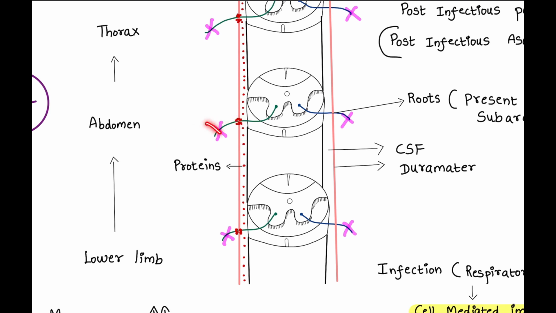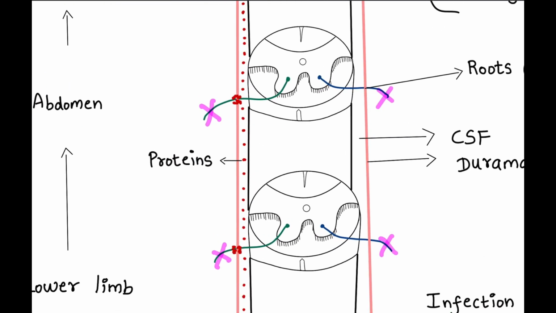So if there is inflammation here, this inflammation may spread lightly to the subarachnoid space. So there will be release of inflammatory particles in the cerebrospinal fluid. Note that the inflammation here is not severe, because it's just a spread of inflammation from the actual site.